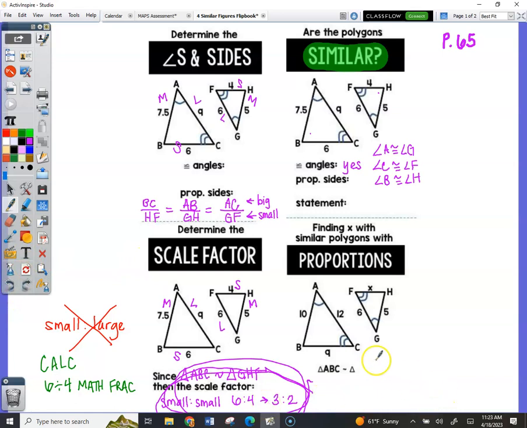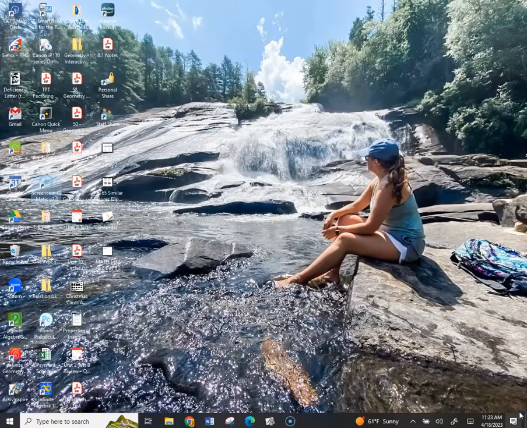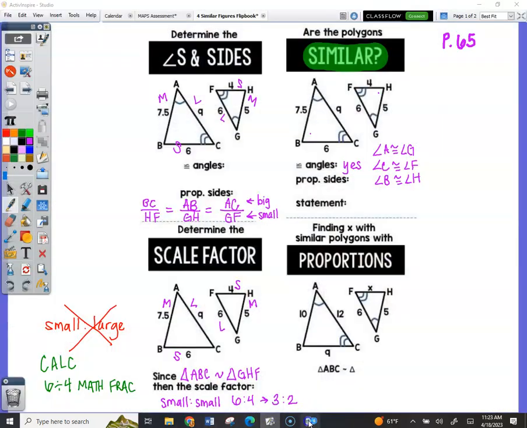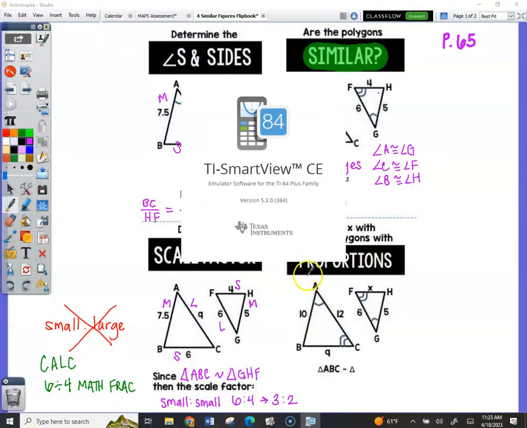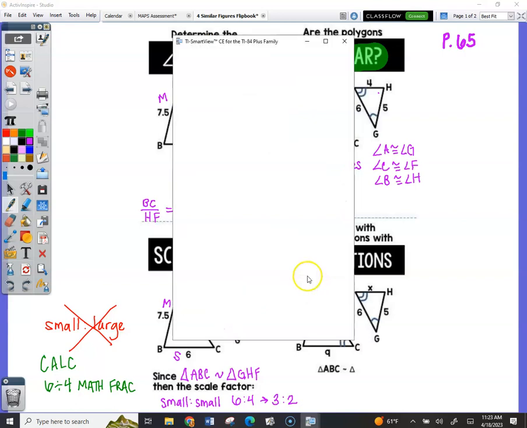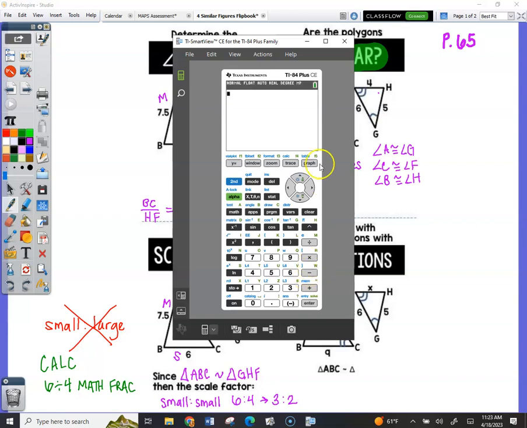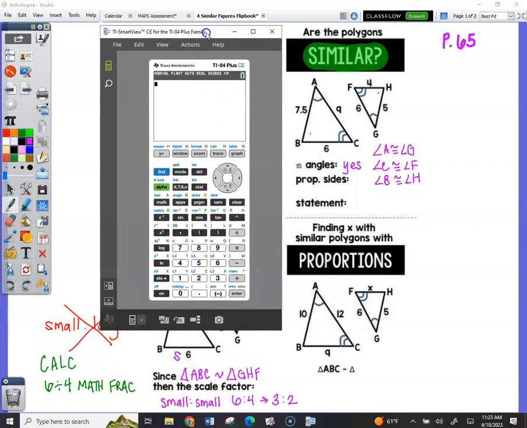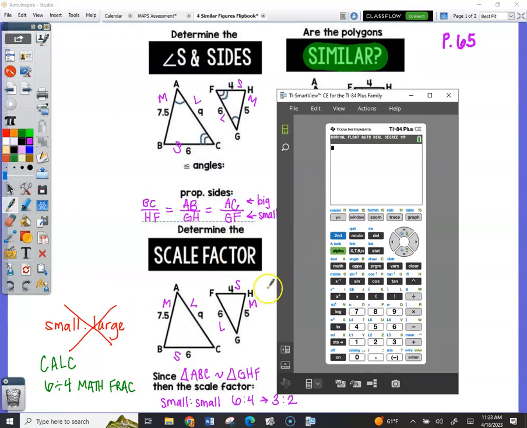Let me get my calculator pulled up. I'm going to use the one down here since it's already labeled small, medium, large. Just go in the same order.